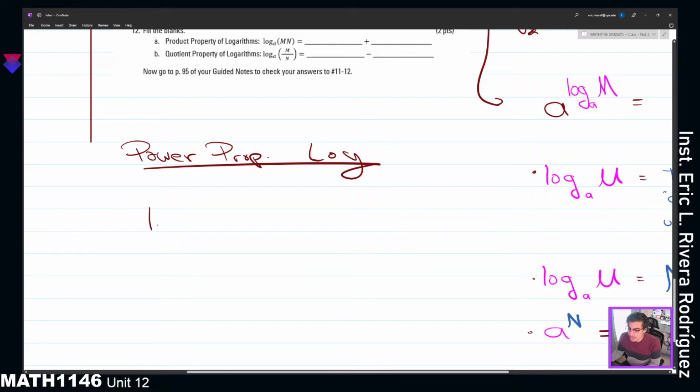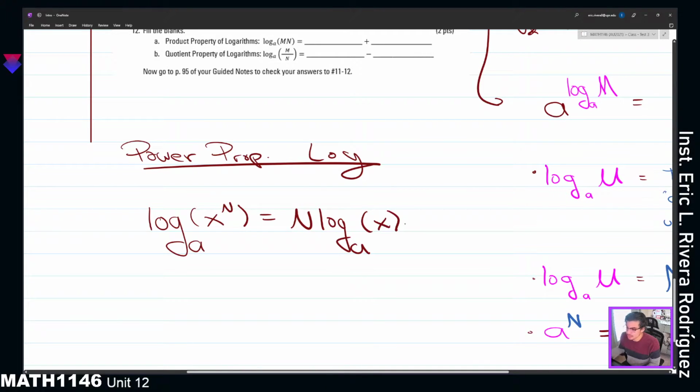So if we have log base a and the argument has an exponent, we can bring that exponent down as a factor of the logarithmic function.